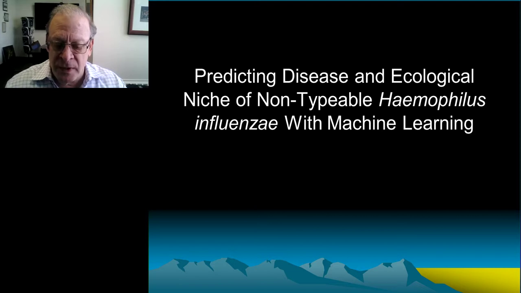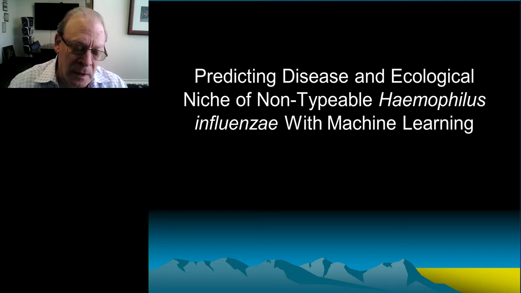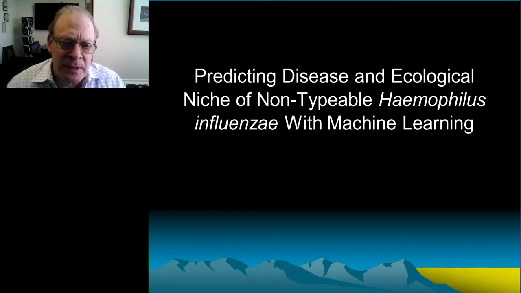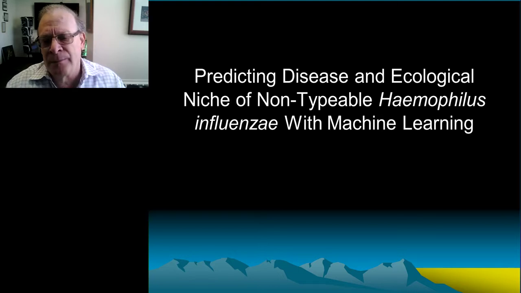So as we have continued with our work in sequencing large numbers of Haemophilus influenzae bacteria, three of the computer programmers in my team and my chairman's team have now been using machine learning technologies, which are statistical methods, but very deep statistical methods, if you will.